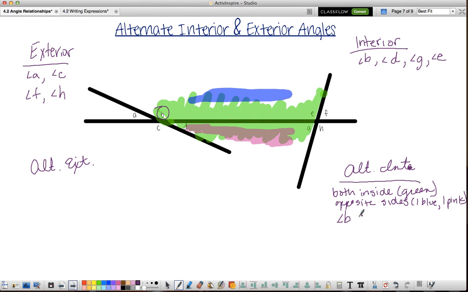So angle B and angle G. Okay, they can't be a part of the same set of four, essentially, or they can't be a part of the same set created by the intersecting lines here. And then we have angle D, which is in the pink, and the alternate interior for that is angle E.